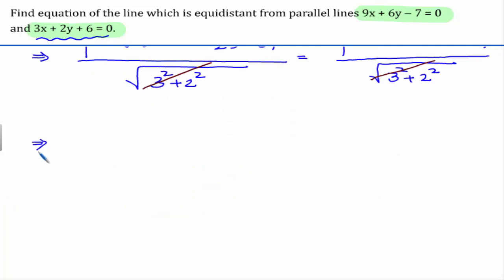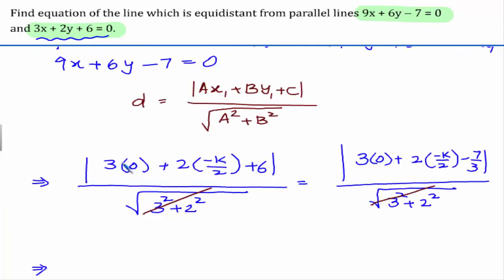Then we get here, this is anyhow 0. Here 2 gets cancelled. We get here modulus (minus k plus 6) is equal to modulus (minus k minus 7 by 3).